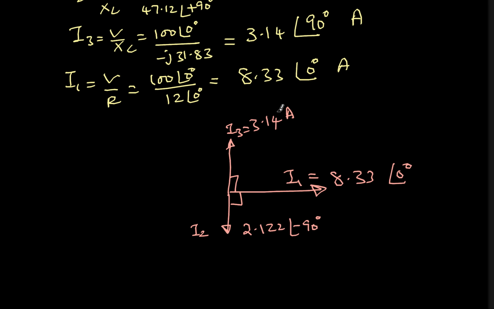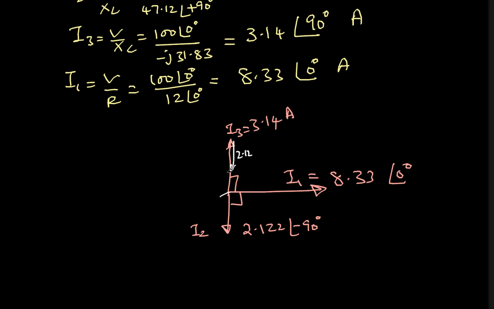So what is the resultant current? It is nothing but I1 plus I2 plus I3. So the resultant current will be something like this. This is I1. Now what is the net value of this? This is going up, and then I come down, this is 2.12.